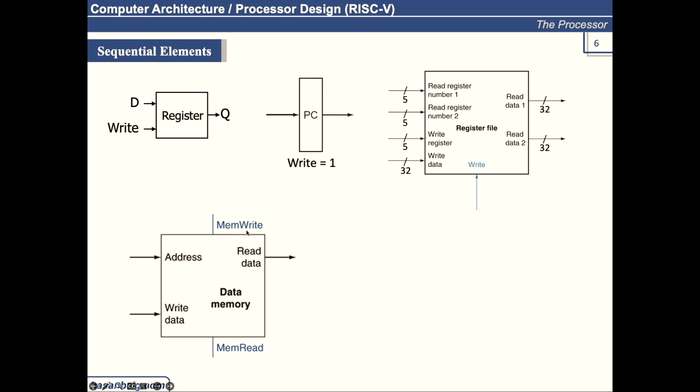The MemWrite signal signifies that we want to write data in the memory, and that instruction is a store instruction. We provide the address and the data we want to write, and the data is written into memory. Similarly, when you want to read data from memory, you provide the address and set the MemRead signal because you want to read, and the corresponding data will appear here. The width of these ports will also be 32 bits.